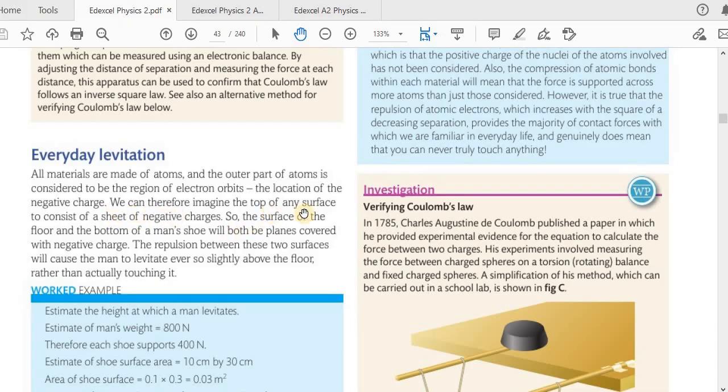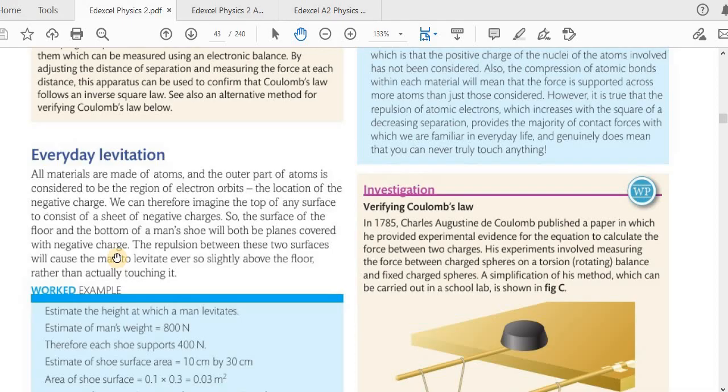We can therefore imagine the top of any surface to consist of a sheet of negative charges. So the surface of the floor and the bottom of a man's shoe will be planes covered with negative charges, because outside the nucleus you have the electrons in shells, and these electrons can get removed, or some electrons can be added to these shells.